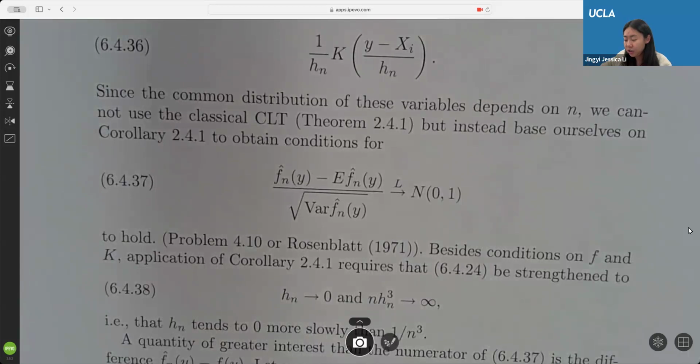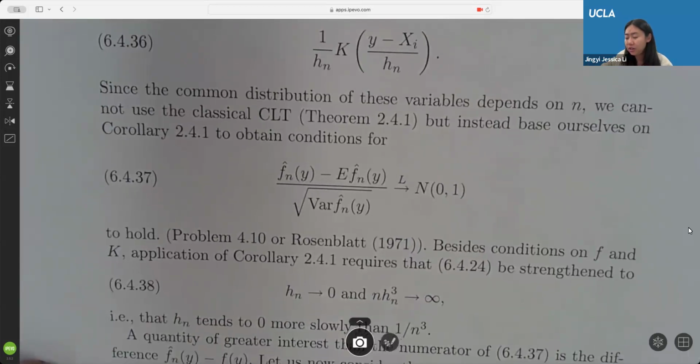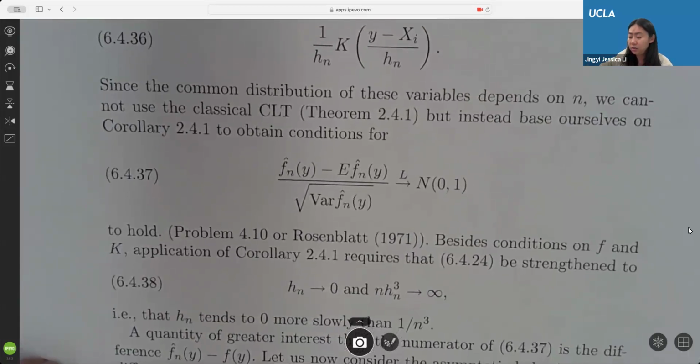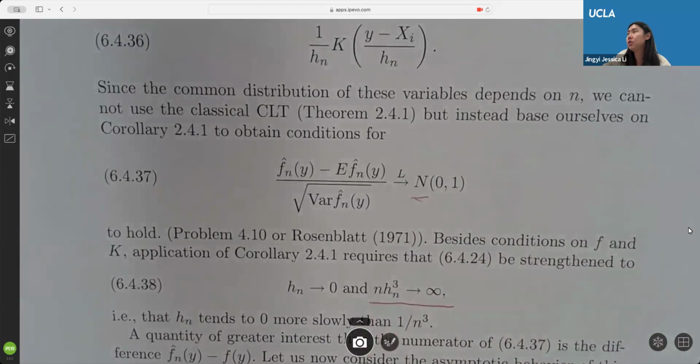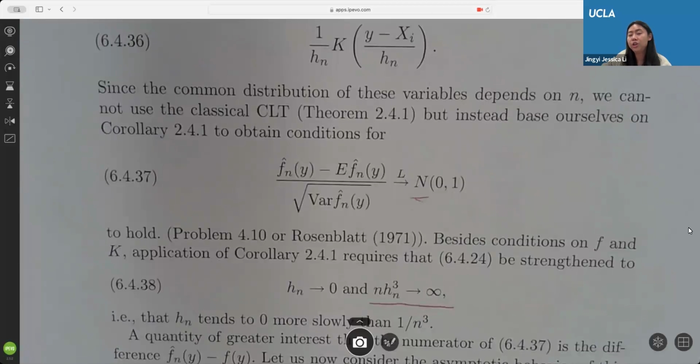But for this one, you need a stronger condition to have asymptotic normality. You need to strengthen the second condition from n times hn going to infinity to n times hn cubed going to infinity. This means that your hn needs to go down to 0 even more slowly than what you had for the consistency result.